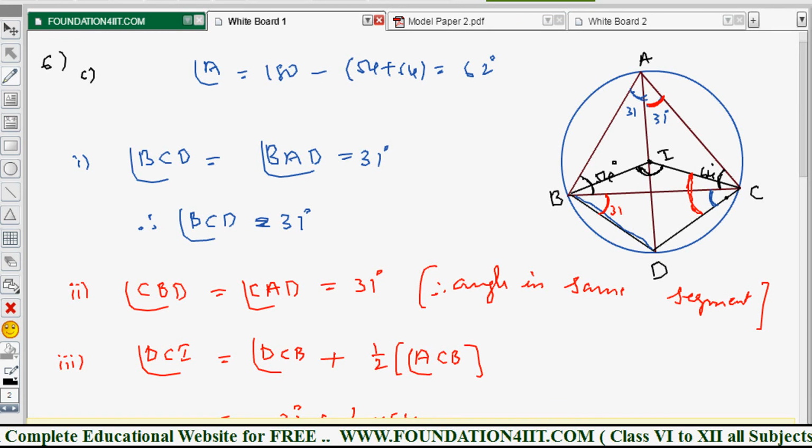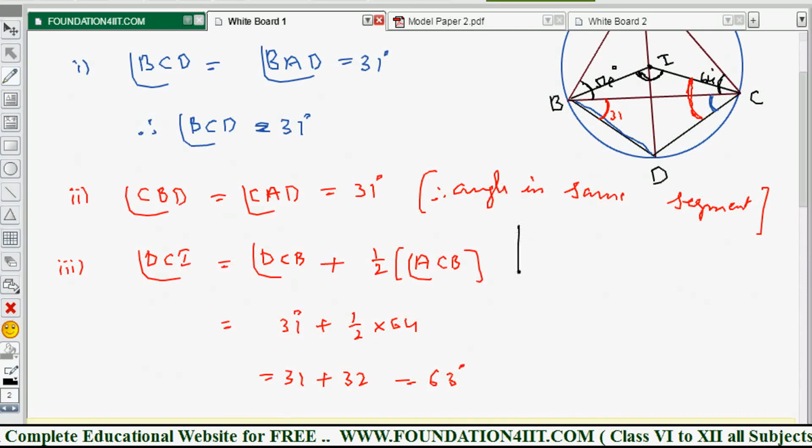Now BIC is a triangle, and we already know IBC and ICB. Then 180 minus the sum of both. So angle BIC we need to find out, that is equal to 180. From the total 180, subtract these two angles.